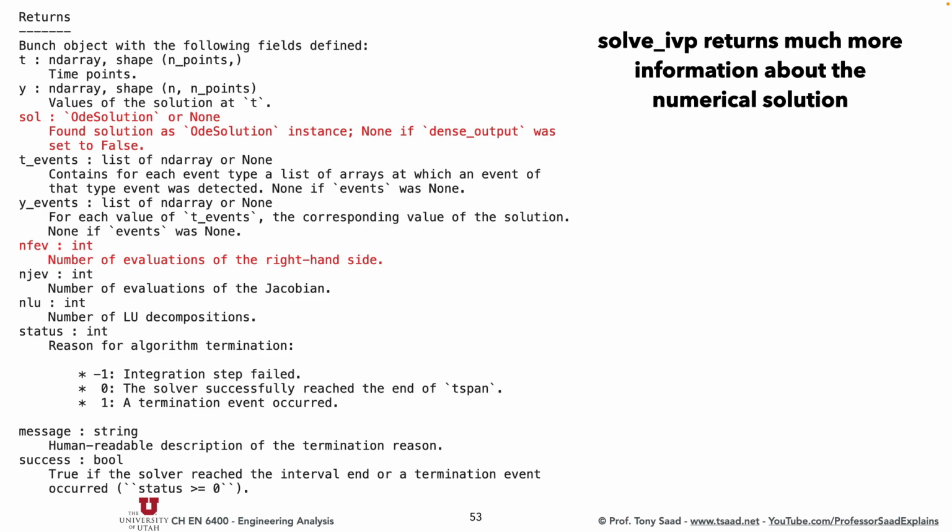One of them is this NFEV, number of function evaluations. This is a very important metric that we will use later to estimate the cost of solve IVP when we're using different methods. That's going to be very relevant as we get to stiff systems, and I explain stiffness, but we're not there yet. I just wanted to point that out to you. Okay.